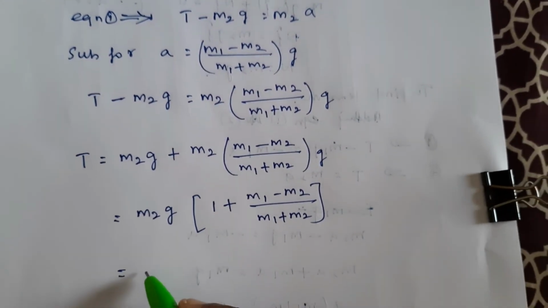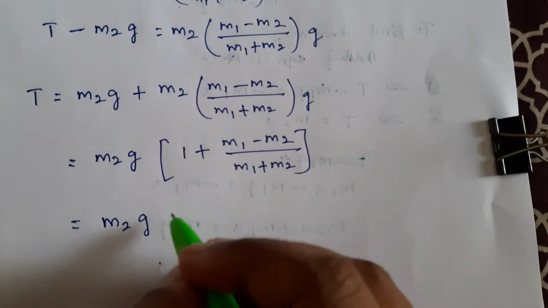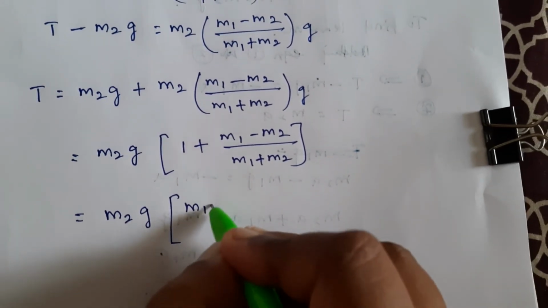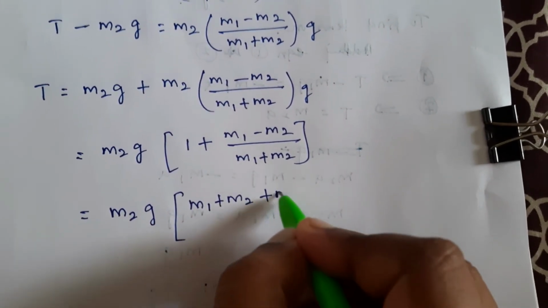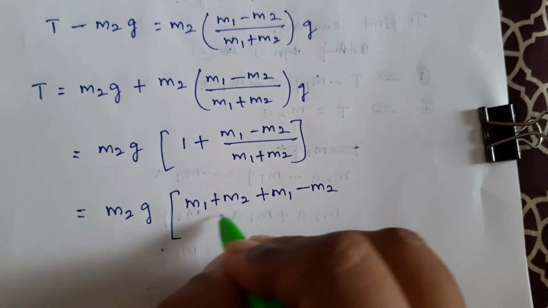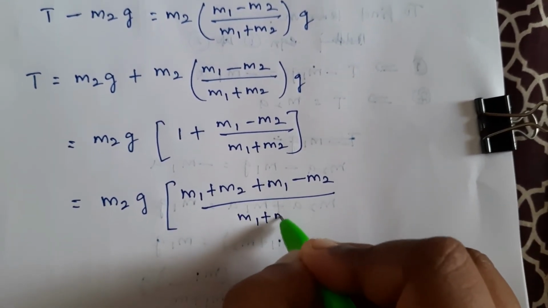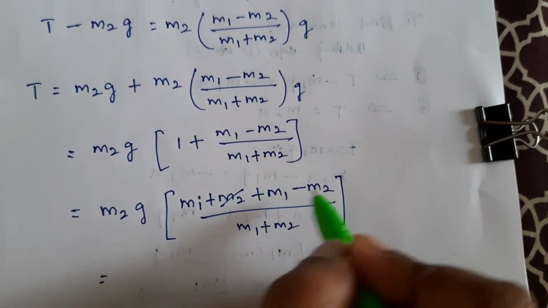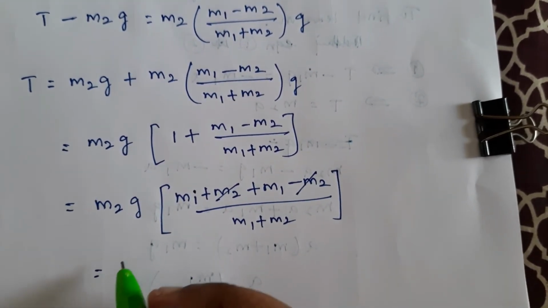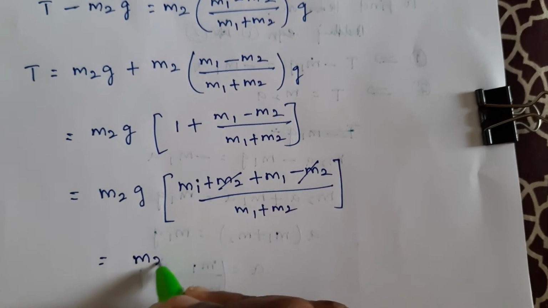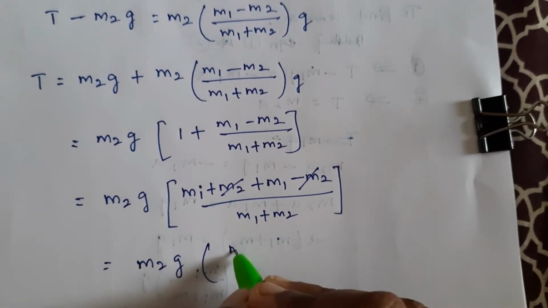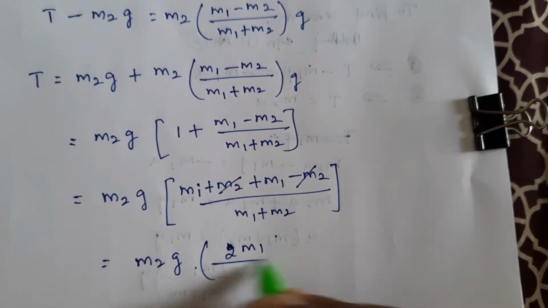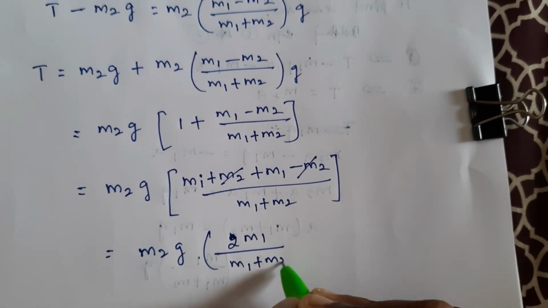This can be written as m2g, taking the LCM, ((m1 plus m2) plus (m1 minus m2)) by (m1 plus m2). So the m2 terms get cancelled, and you will be getting m2g into 2m1 by (m1 plus m2).